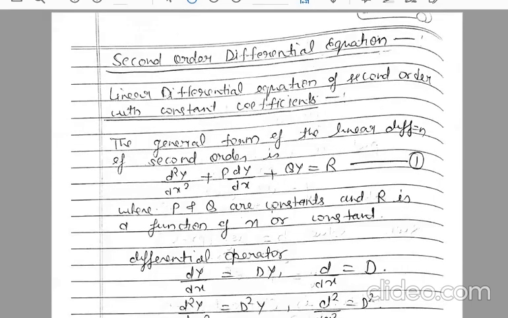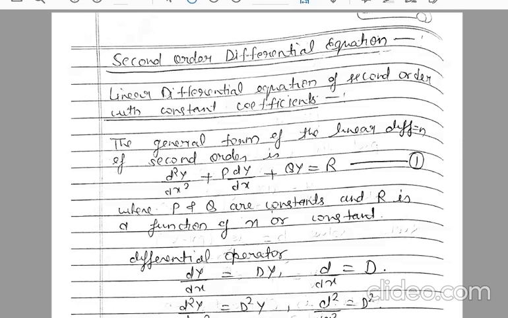Now I will discuss another topic: second order linear differential equation with variable coefficient and also constant coefficient, right? This topic is very important, and a 7.5 marks question will be asked in your final semester exam, right?